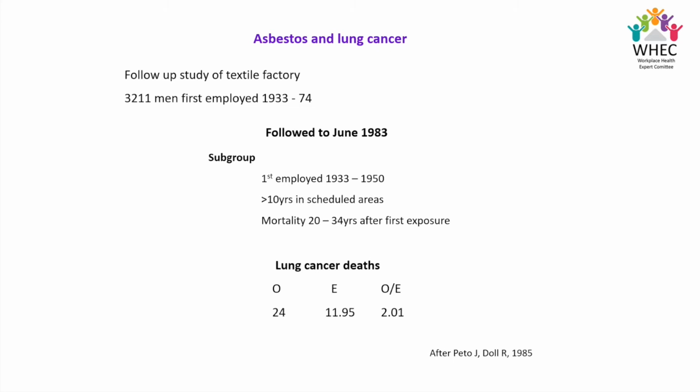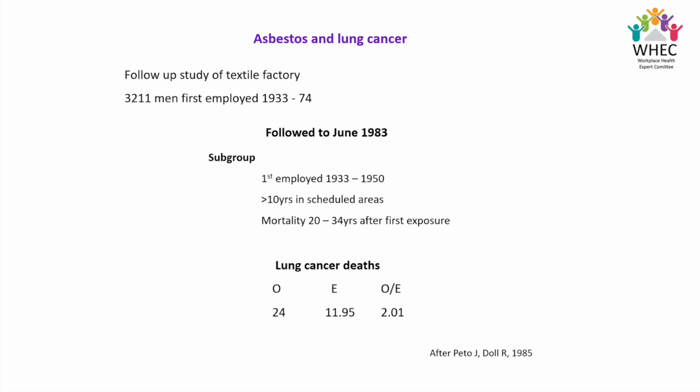And this is the follow-up study published by Julian Peto and Richard Doll in 1985 of over 3,000 men first employed after 1933 up to 1974. And in a subgroup first employed between 1933 and 1950, working for more than 10 years in scheduled areas, they showed that the mortality 20 to 34 years after exposure remained twice that would be expected, despite the fact that the levels of asbestos exposure in the factory had fallen very considerably during this period.